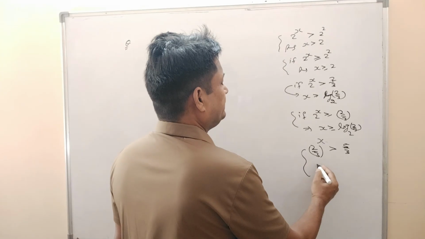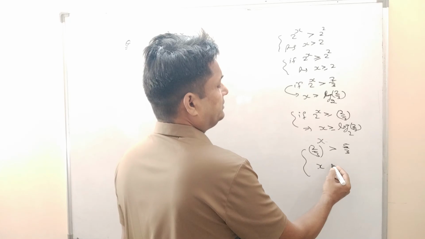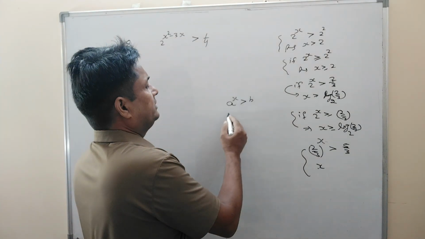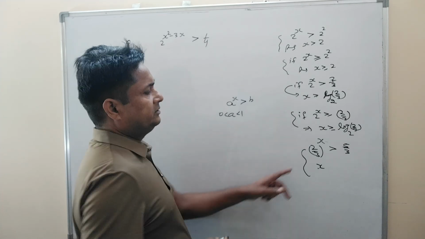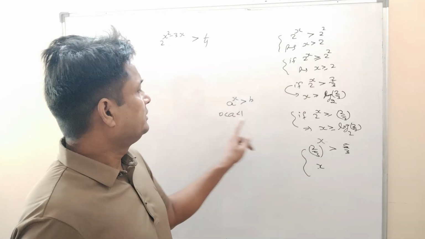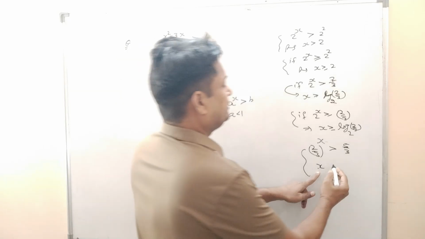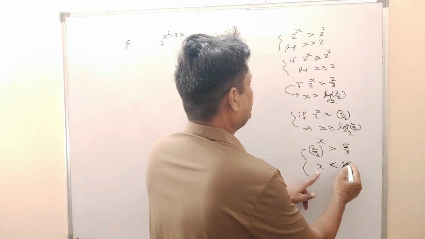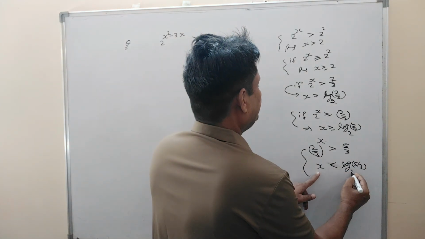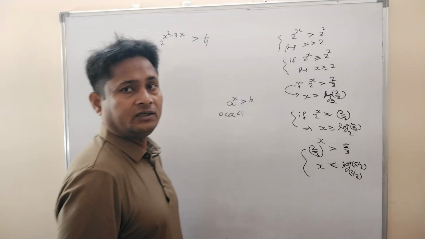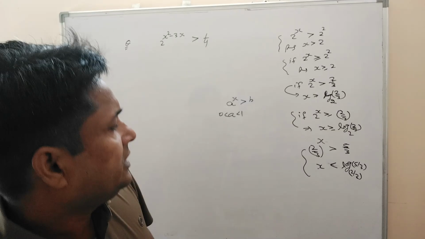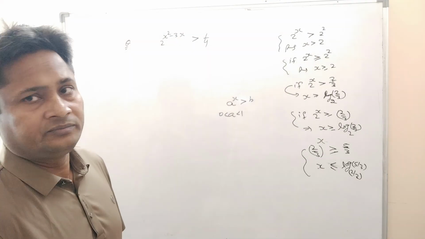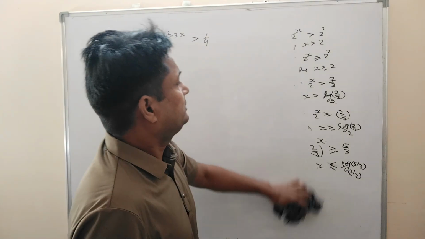The answer will be written according to this: a to the power x is greater than b, and here the base is 2 by 3, which lies between 0 and 1, so the answer will be x less than log of 5 by 3 with base 2 by 3. Now if you apply greater than or equal to, then the answer will be less than or equal to. So these are the answers in these cases.